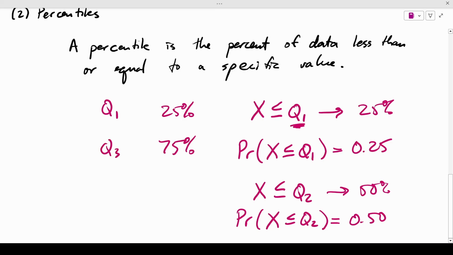It is the value at which 75% of your data is below it. So if you were to randomly select one data point and wonder what the probability is that it is less than or equal to Q3, that's going to be 75%, because Q3 is chosen to be the place where 75% of the data is below it.